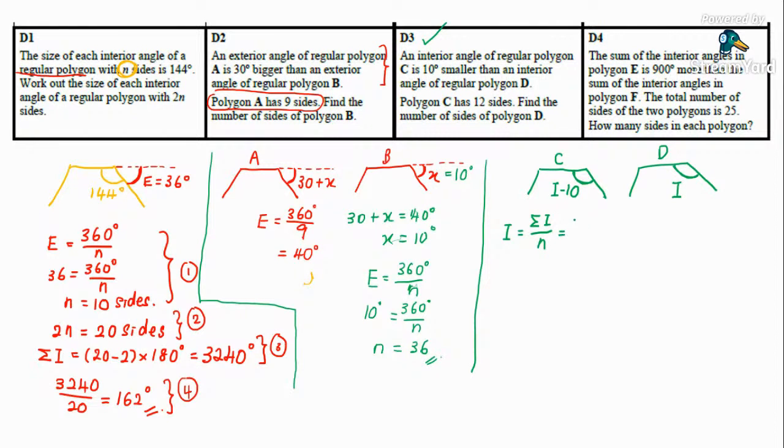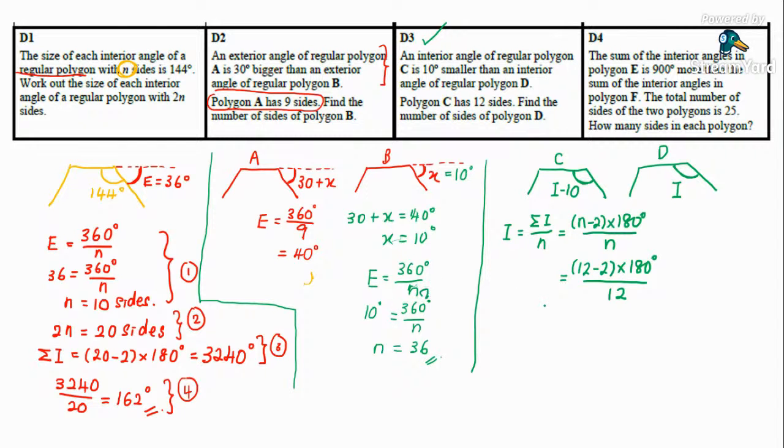That will be n minus 2 times 180 divided by n. Here I just show you another formula for interior angles. So this is 12 minus 2 times 180 divided by 12. That gives me 1,800 divided by 12, so an interior angle of 150.